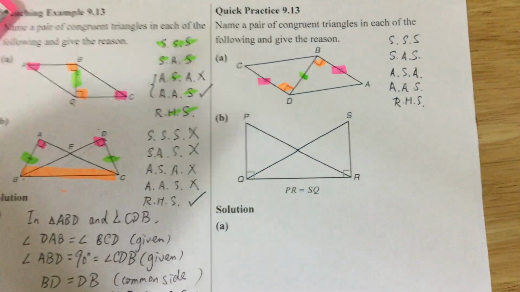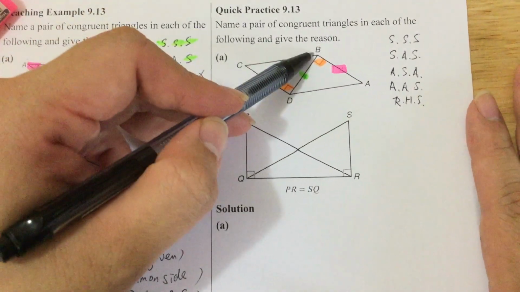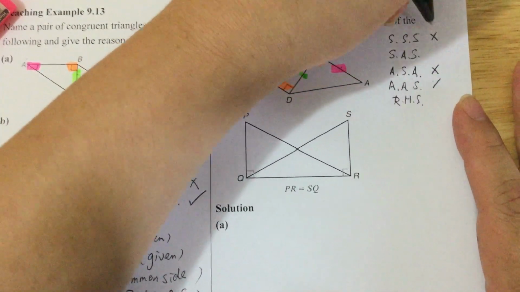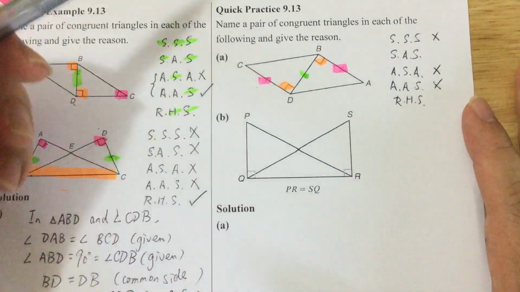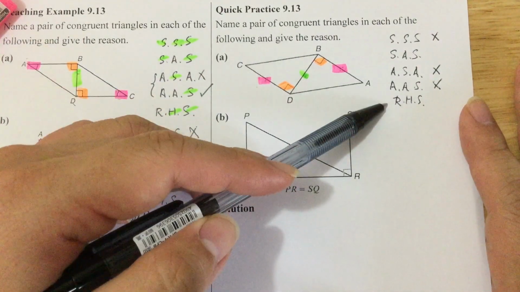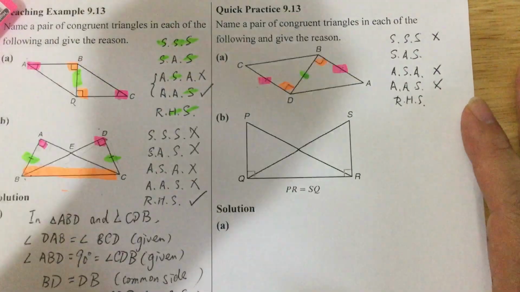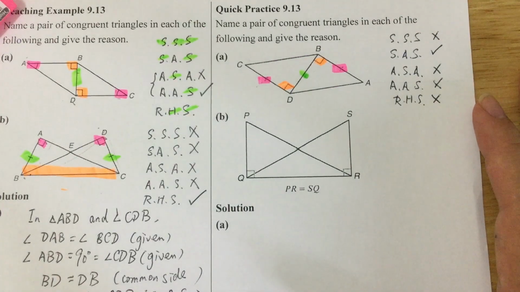First of all, we have two straight lines, one angle. So SSS is not correct, and ASA and AAS are also not available in this situation. So what can we have is this one, RHS? We must have BC because we have the longer side, but we do not have it. So this one is not RHS, this one is SAS. I think that this is the correct answer.